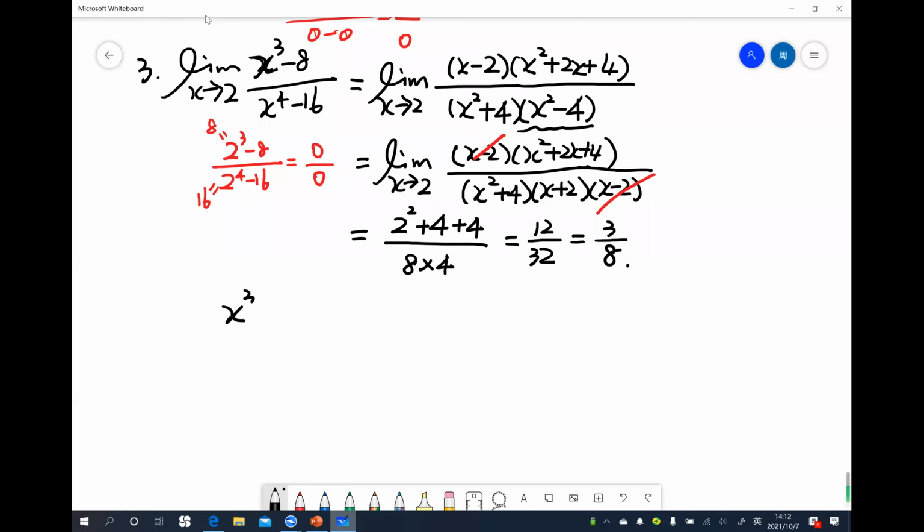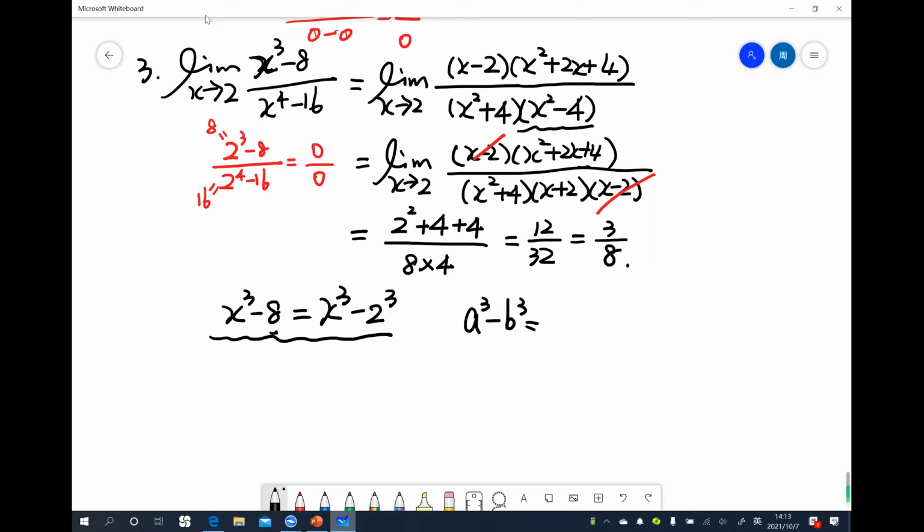First you can see x power 3 minus 8 can be written as x power 3 minus 2 power 3. So here I will give you a formula for this kind of question, that is a power 3 minus b power 3.